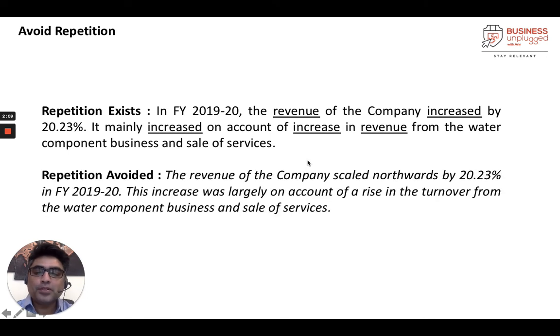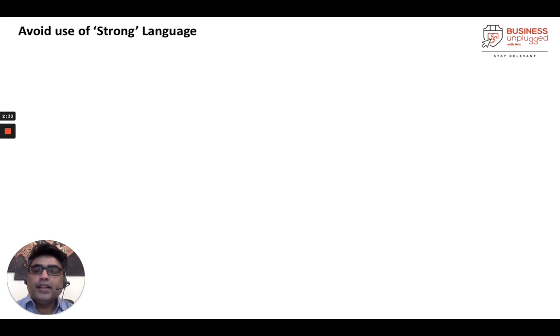It can be avoided and framed in this manner: the revenue of the company scaled northwards by 20.23% in FY 1920, the increase was largely on account of a rise in the turnover from the water component business and sale of services. There is a subtle way of placing words, and that is what I'm trying to convey through this video.